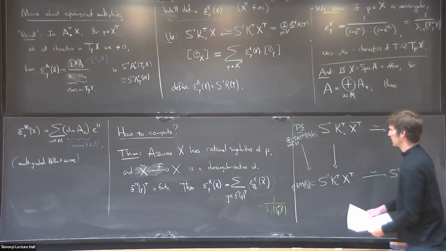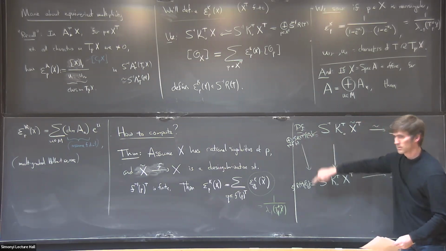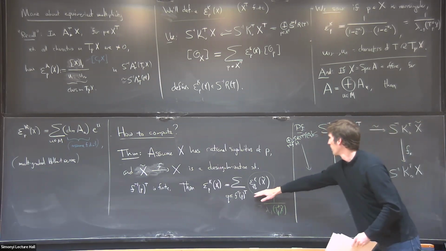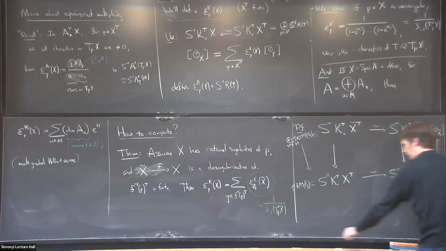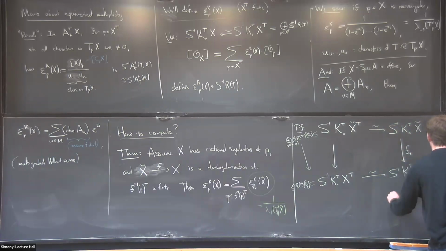So this map here is just summing up all the contributions. And so that's where the sum is coming from. And this map, well, the key point is that because we have rational singularities, push forward of the structure sheaf goes to the structure sheaf, and that's where rational singularities come in.